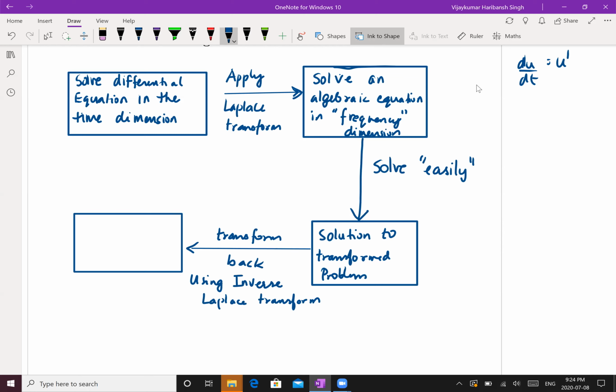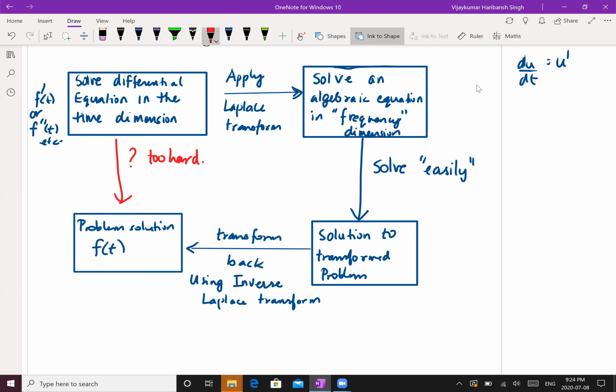And then we basically get the solution to the problem. So suppose this differential equation was solving for f prime of t or f double prime of t, etc., we get the solution f of t. Whereas doing it directly this way might be difficult, maybe too hard.